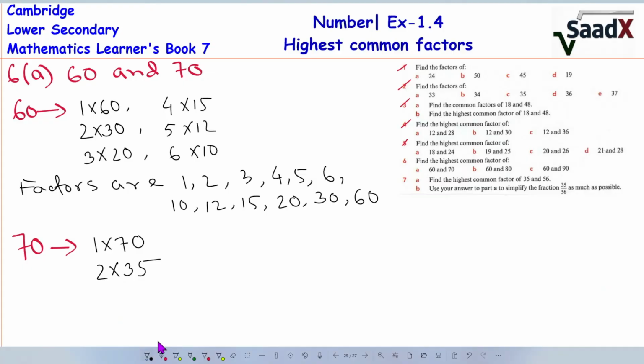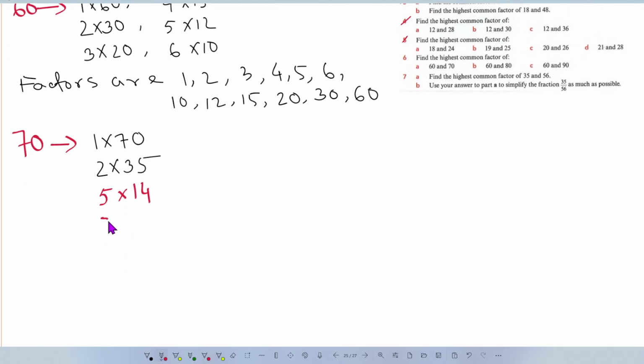So 4 is not possible, 5 is possible. So 5 times 14, 6 is not possible, 7 times 10 is a 70, then 8, 9, 10 already wrote.